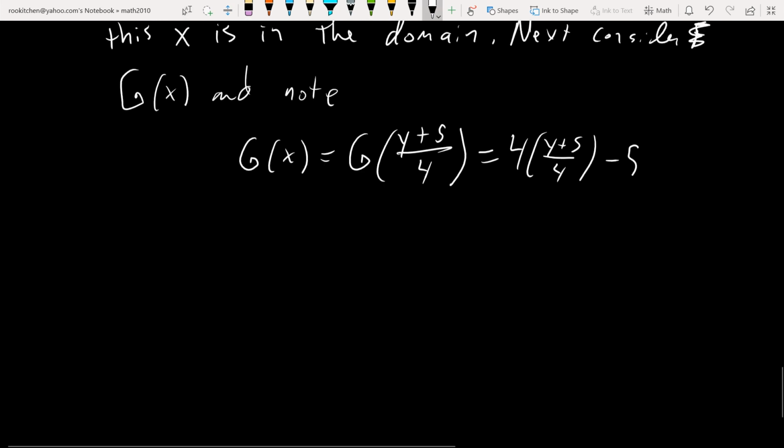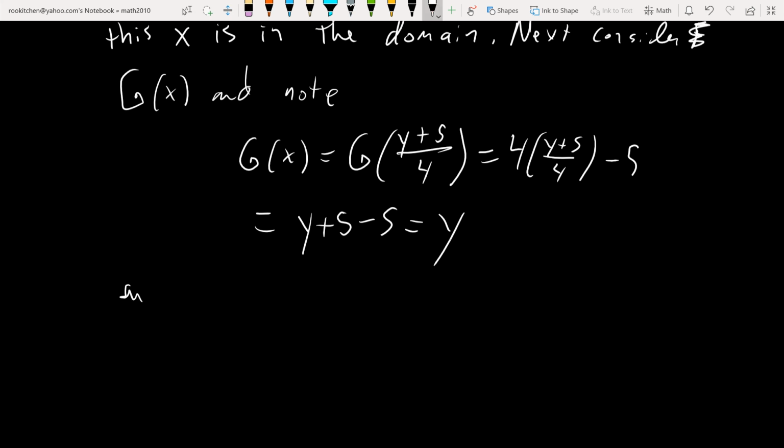And then we could use arithmetic to simplify. And we've shown that we found an x in the domain such that g of x goes to this randomly selected y value that we started with, and hence that shows it's onto, and hence g is onto.